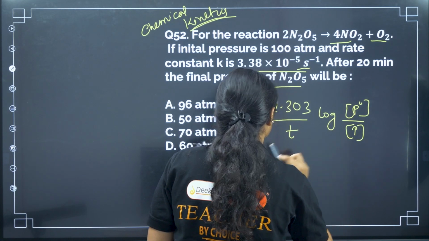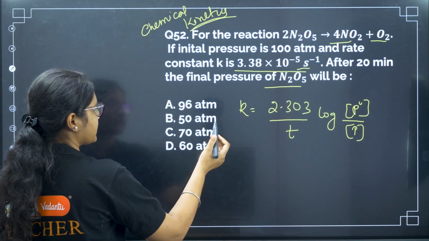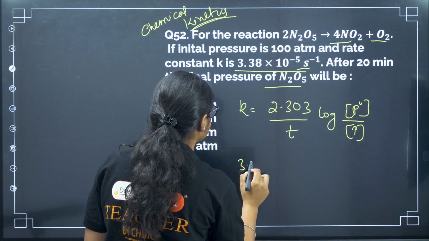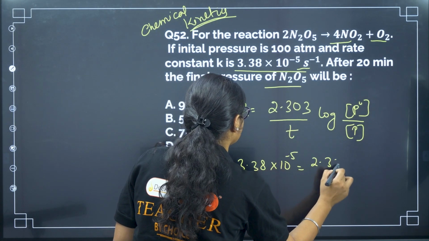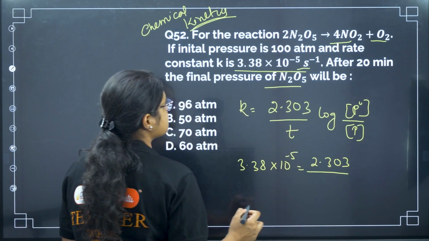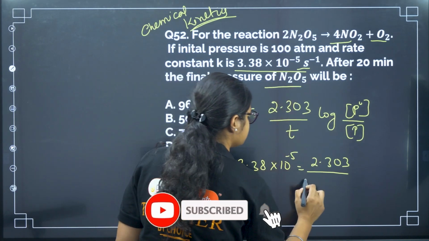Okay. So now if I put the values here, what is the K value? That is 3.38 into 10 to the power of minus 5. Here we have 2.303, and the time is 20 minutes, we must convert it into seconds.